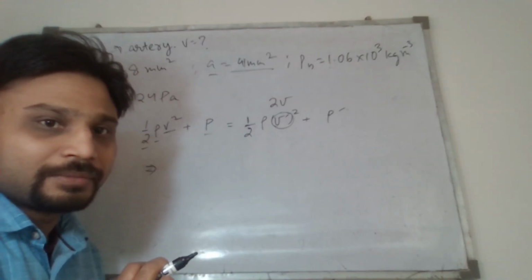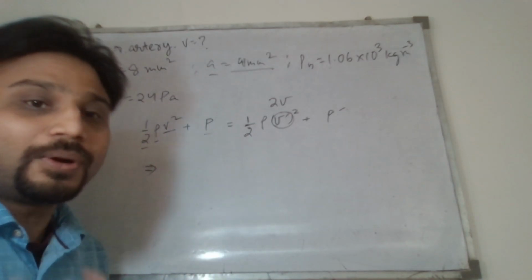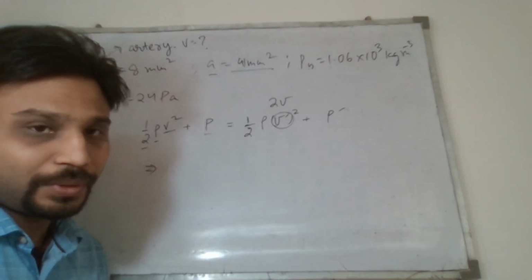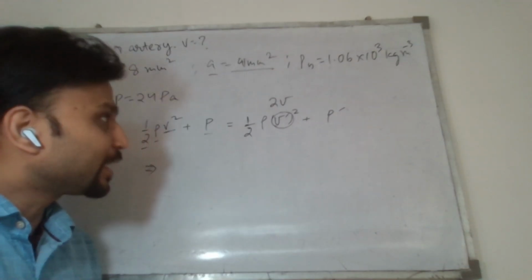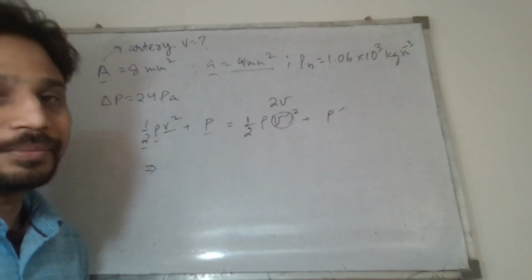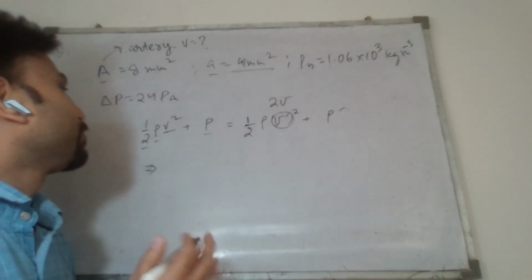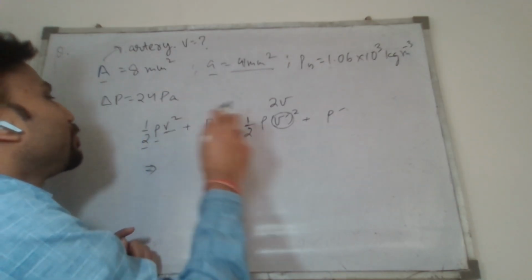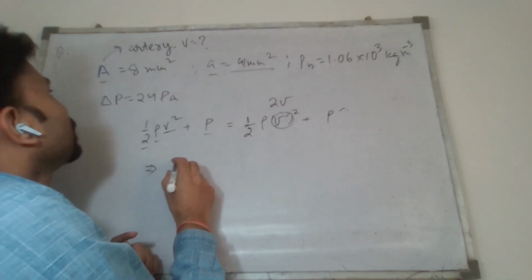Sometimes a calculation mistake can occur, lots of things can go wrong. So we must approach every question on its merit, rather than relating it to what has happened earlier. So this is half rho v square plus pressure, and this is half rho (2v) square plus pressure.